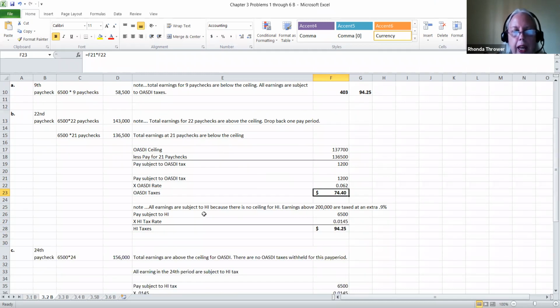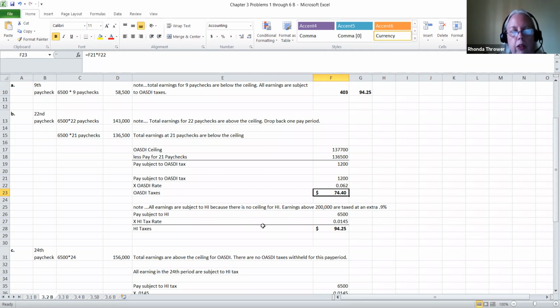For HI, all of the earnings are subject to HI because there's no ceiling for HI. Earnings that are above $200,000 for HI are going to be taxed at an extra 0.9%. So in this case, the total pay would be $143,000 year to date.